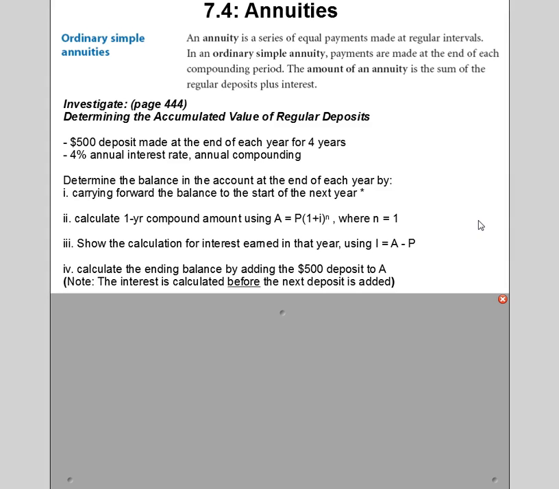And what we want to do here is track the progress of his annuity when he makes his 4 $500 deposits. When we do this, we're going to put a given deposit in at the end of the year. We're going to calculate interest on that, and then we're going to carry that interest plus principal over as the starting balance for the next year. So here we are.